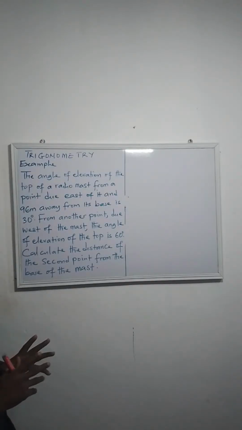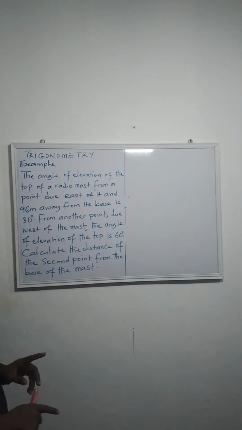The angle of elevation of the top of a radio mast from a point due east of it and 96 meters away from its base is 30 degrees.